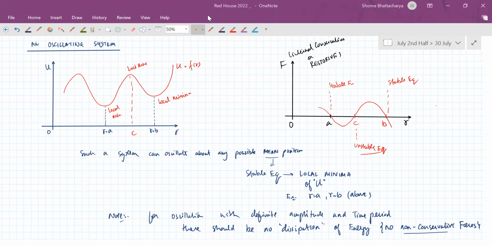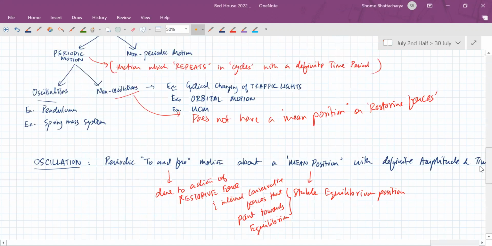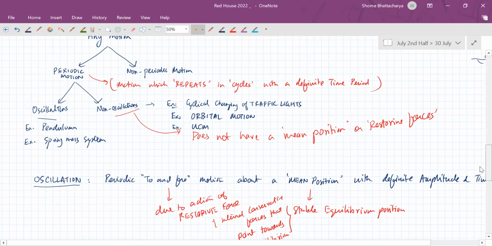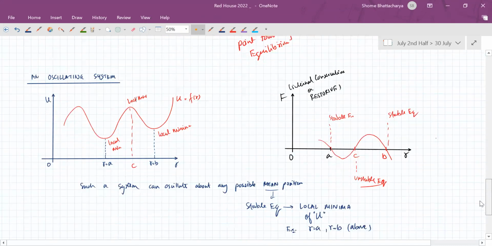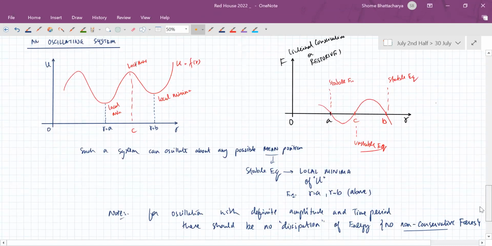Hands of a clock, another example of periodic motion which is non-oscillating. So I'm just scrolling back for a moment. Yeah, third example was uniform circular motion. UCM, Harpriya, was the short form for uniform circular motion. Okay.